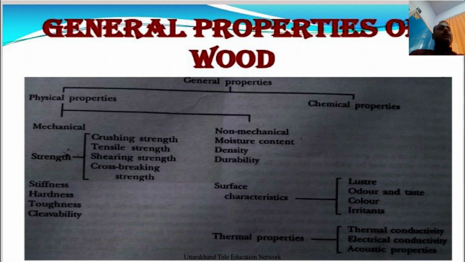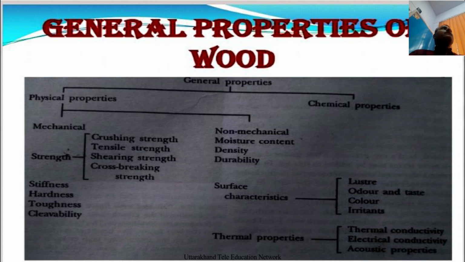Now there are several chemical properties. Some woods would contain oil, some would contain resins, some would contain other volatile materials, due to which they have some specific type of odor or fragrance.